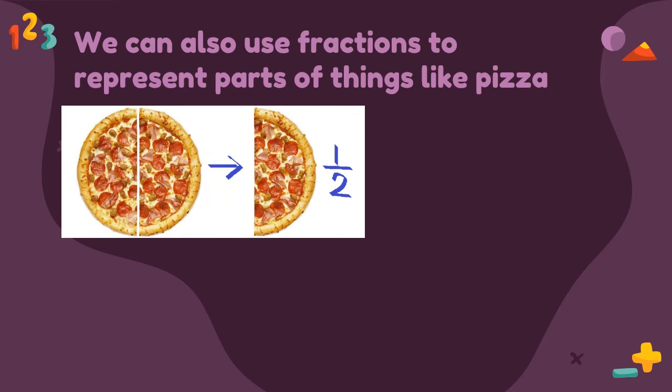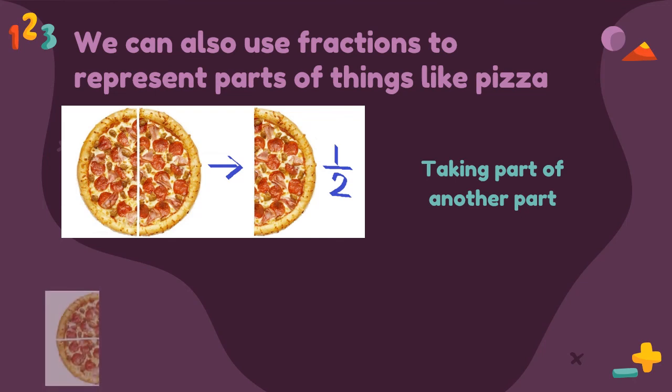Actually, it does. If you are thinking of fractions as parts of something, then multiplying fractions is really like taking part of another part. For example, here's half of a pizza. If I take 1/2 of that pizza, then I get 1/4 of a pizza.